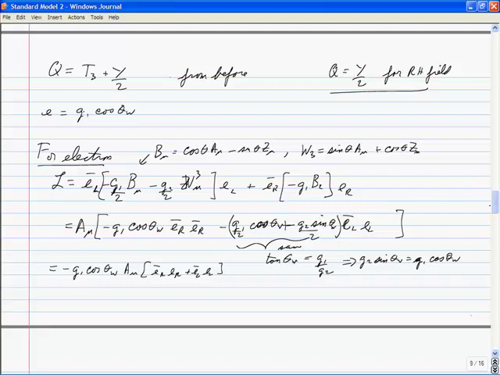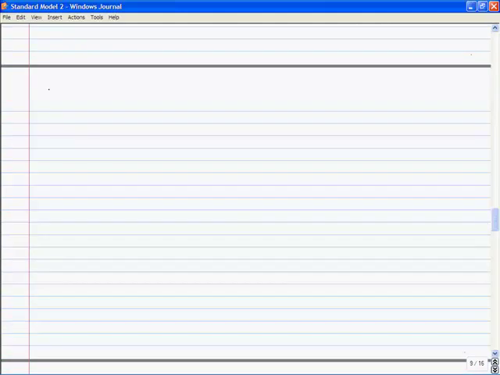All right. So, preliminary to the Yukawa coupling, this is just a little piece of math. Remember, phi is a doublet.